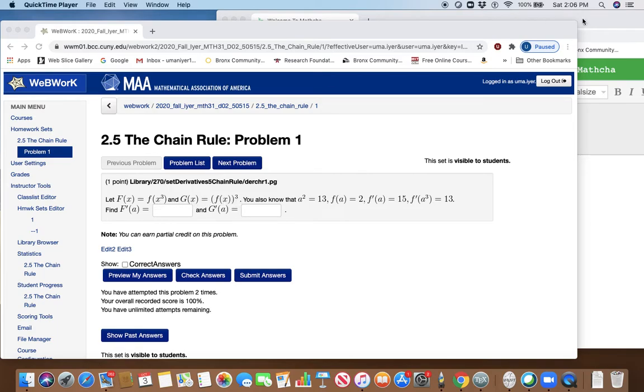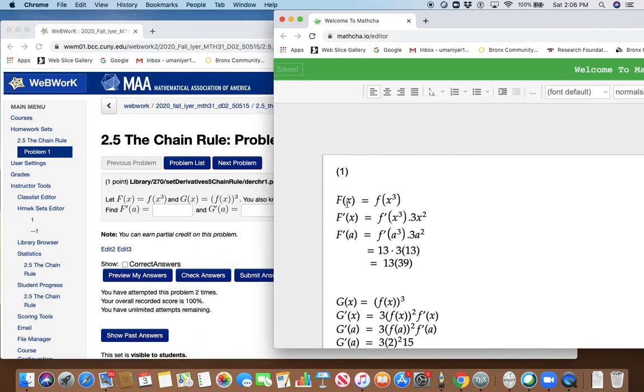Now, capital F(x) is f(x) cubed, so that is a composition. So the derivative of capital F is the derivative of the outer function, inner one as it is, times the derivative of the inner thing. That's the chain rule.